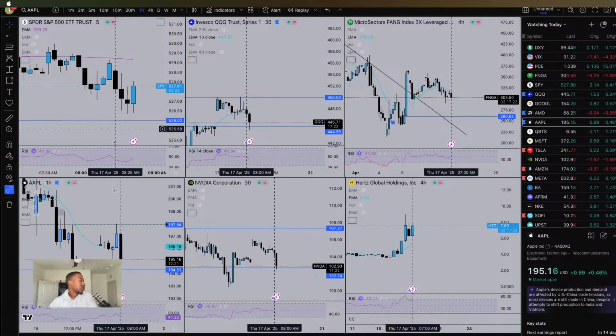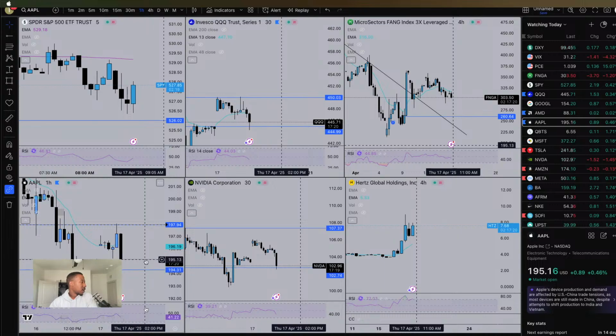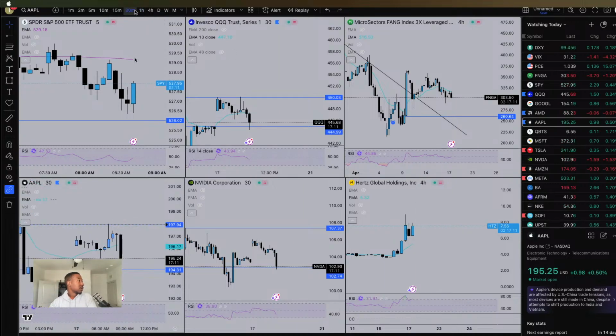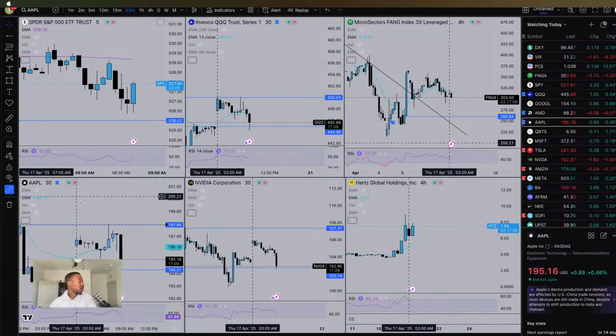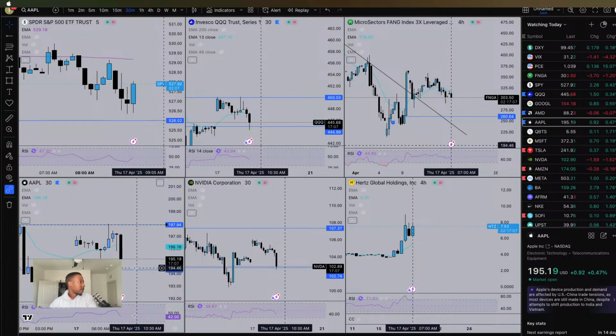I'm looking at the 4 hour. On the 1 hour, if we go to the 1 hour, then support is 195, and that's probably a good entry. It really just depends on what time frame you look on.